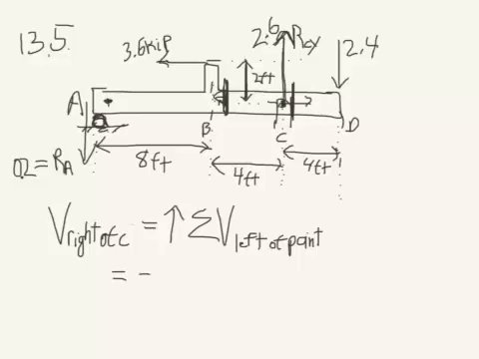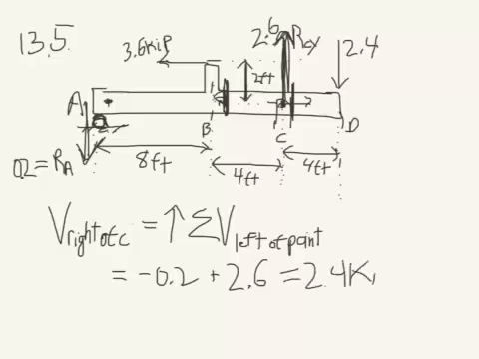We have our negative 0.2 from all the way on the left of point A, and then we have a positive, because it's up, 2.6 acting at point C here, for a total of 2.4. Reasonability check.